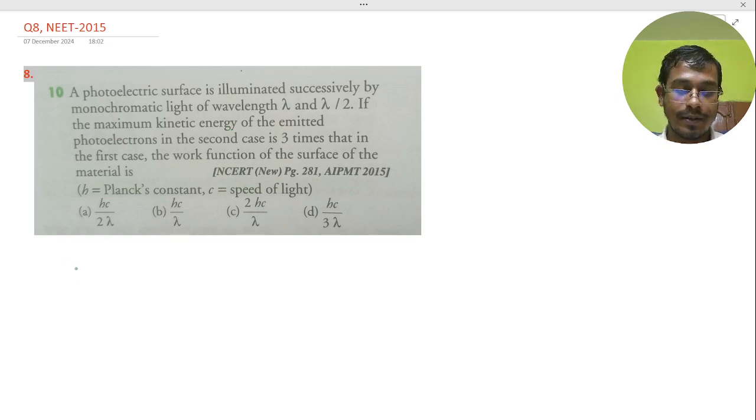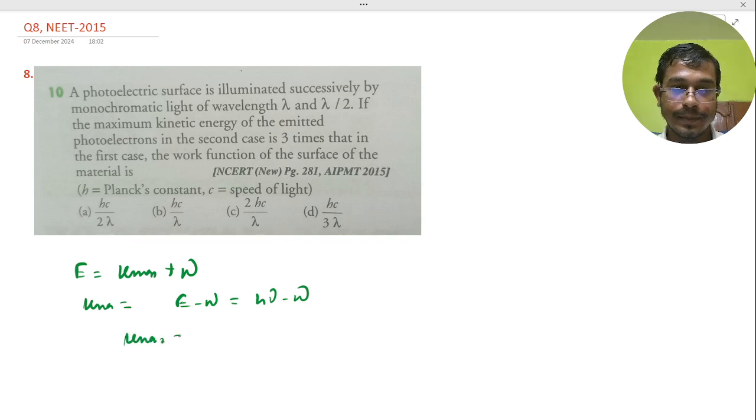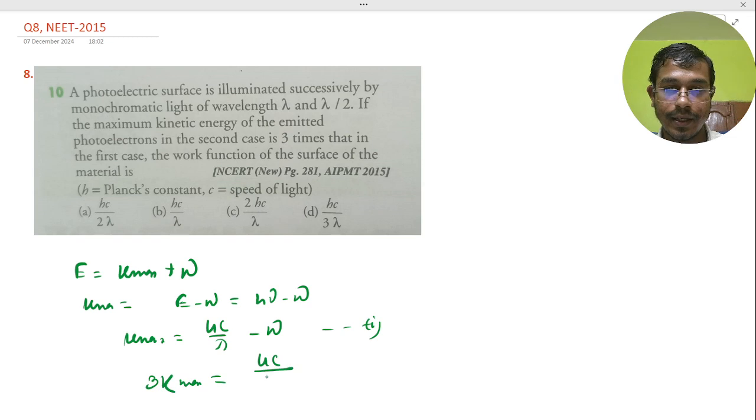We use the same: the energy equals K max plus W. So K max would become E minus W, basically h nu minus W. So K max equals hc by lambda minus W, this is equation number 1, and 3 times K max would become hc by lambda by 2 minus W, this is equation number 2.